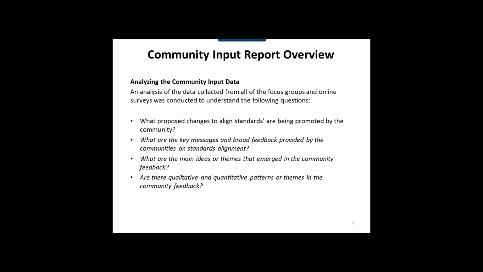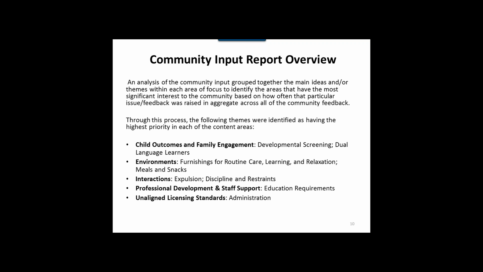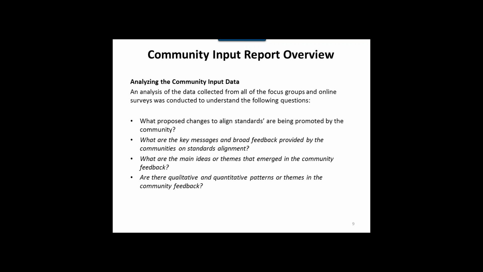I will give you right now a very brief overview of what we've been focusing on. Can we go back to the first slide? Yeah, thank you. When we've been analyzing the data, we've been focusing on those 4 questions. What proposed changes to align standards are being promoted by the community?